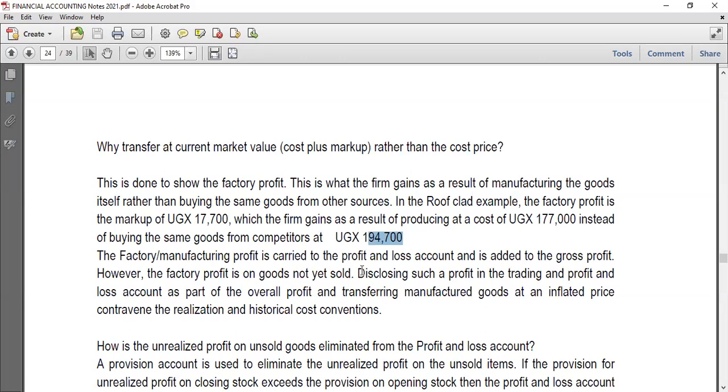So what they are telling us is that, of course, we should disclose this profit in the trading and profit and loss account as part of the overall profit. And then transferring manufactured goods at an inflated price contravenes the realization and historical cost conversion, okay?